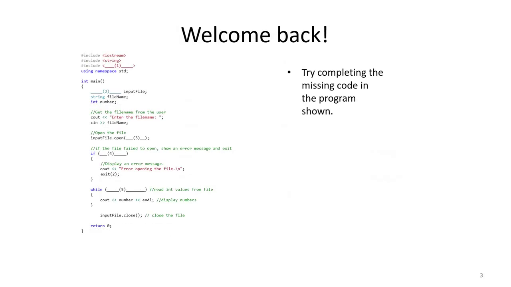So let's start out with a quick review. In this bit of code here, we have some blanks that we want to try to fill in. Take a moment and pause the video if you'd like. See if you remember what code should be put in each blank.